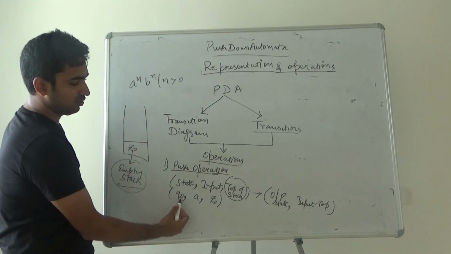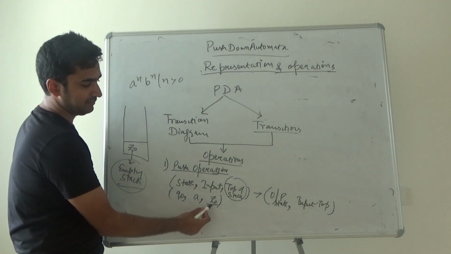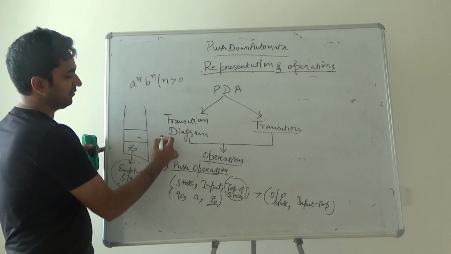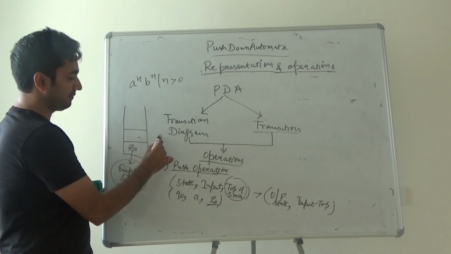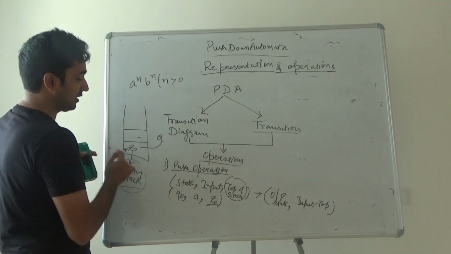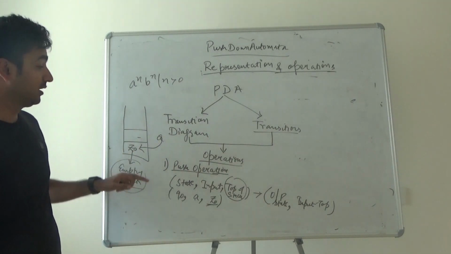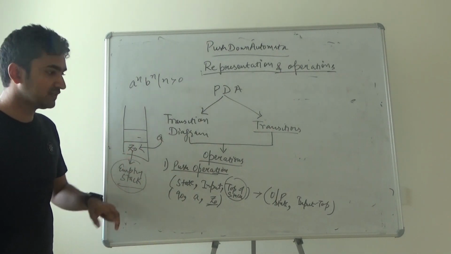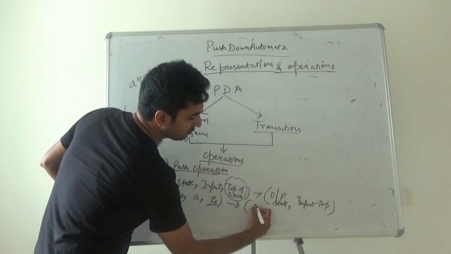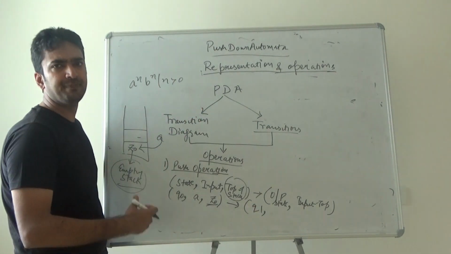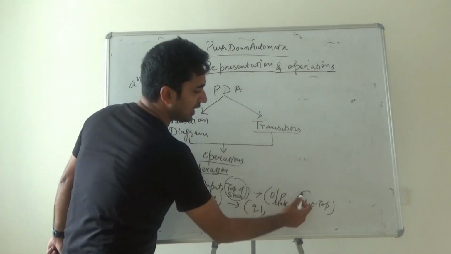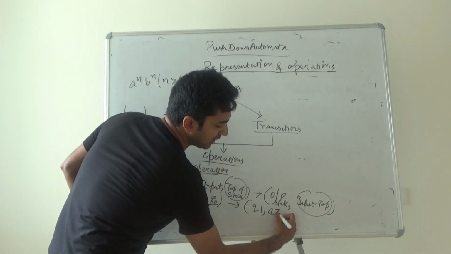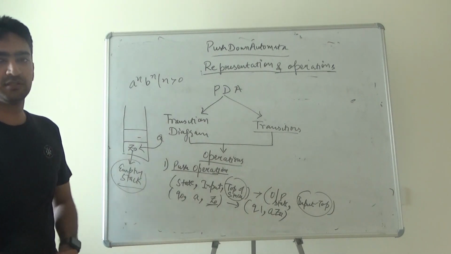Let's say q0 is given, a is the input element which will be processed, and the top of the stack is Z0. If the push operation works, the output state can be any state, q1 or q0. But what is the answer? The answer is input top, and input was a, top was Z0. The answer would be this.